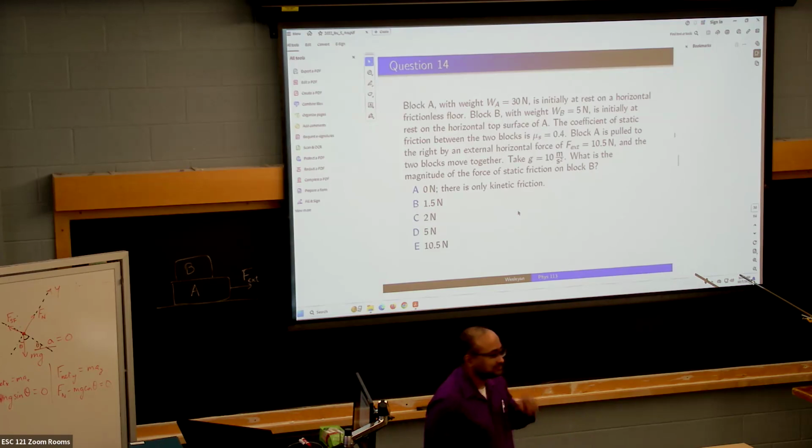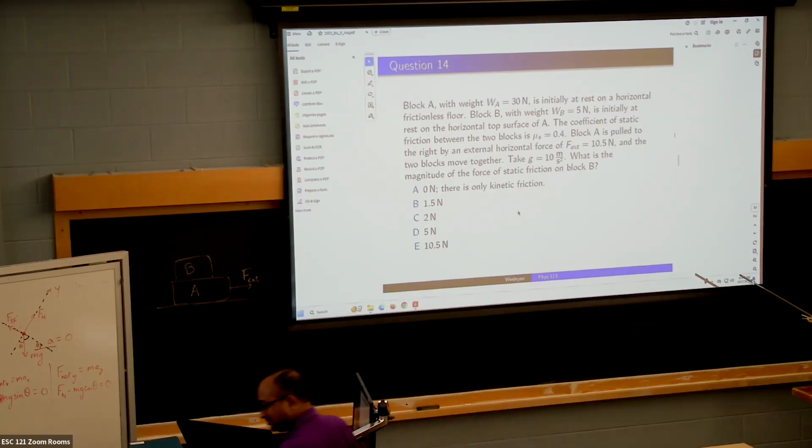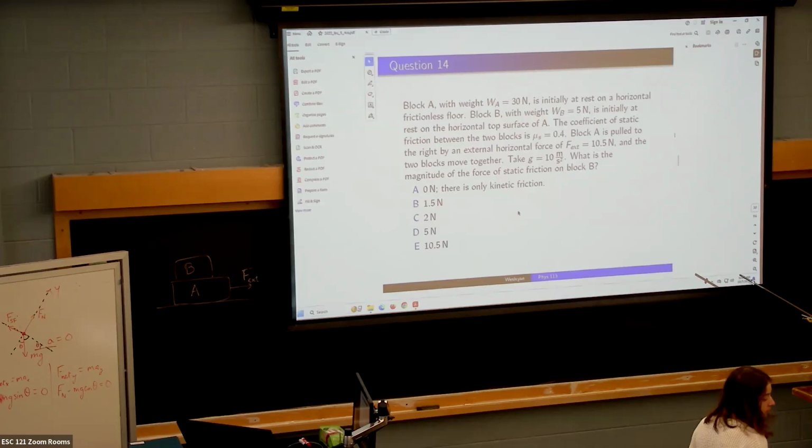Force of friction of B, is that right? Technically, this force of friction is a force of friction that A has exerted, so it should also be a force of friction.